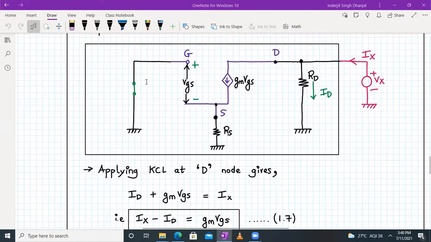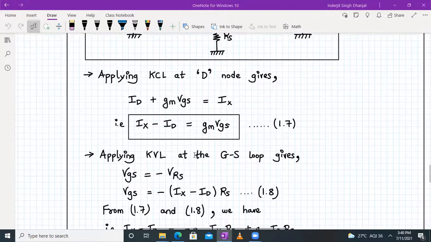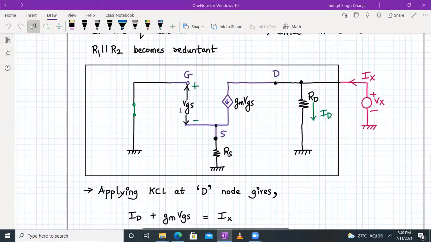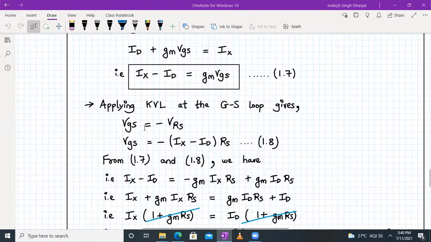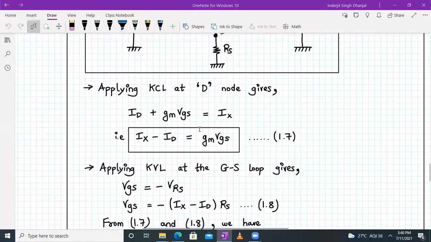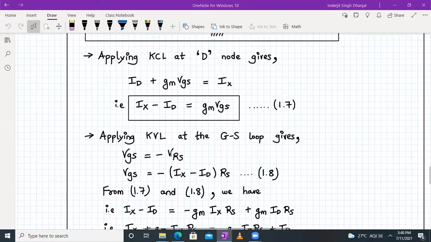Now we apply KVL at the gate source loop. So what do we get? Minus VGS minus VRS is equal to 0. So VGS is equal to minus VRS. And what is VRS actually equal to over here?